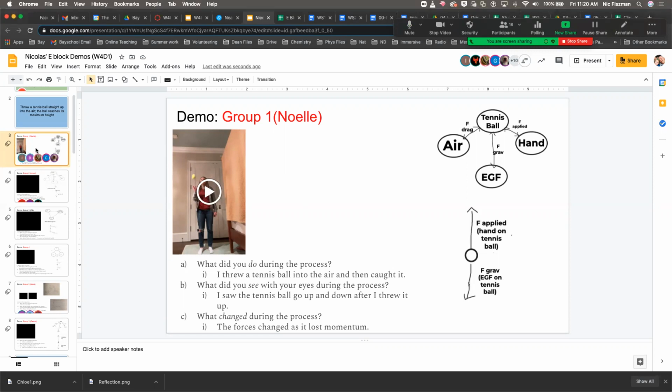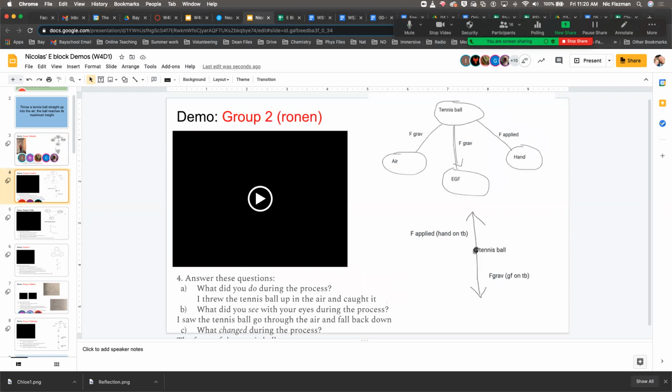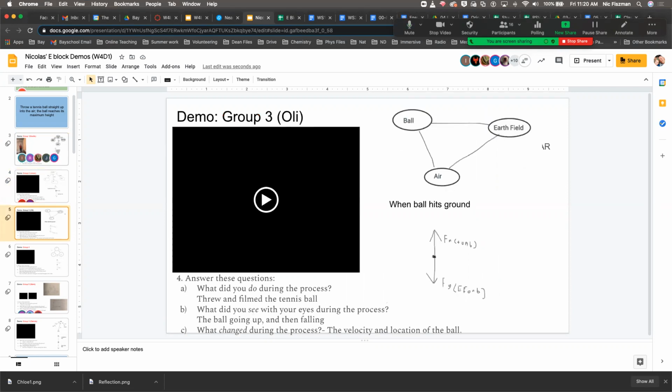Let's see, this one, right? The tennis ball, the hand, the air, the force by the hand, the force on the tennis ball, the Earth's field, the air. There's the normal force by the what? Ollie, what did you write there?